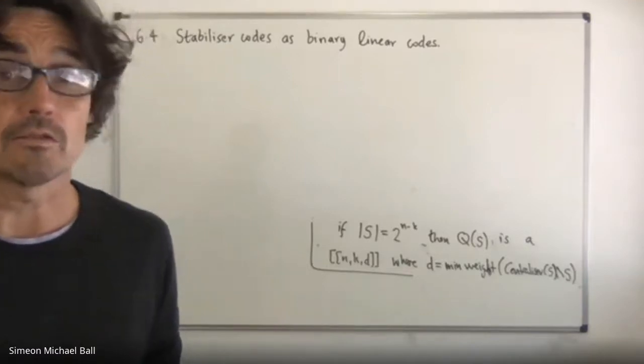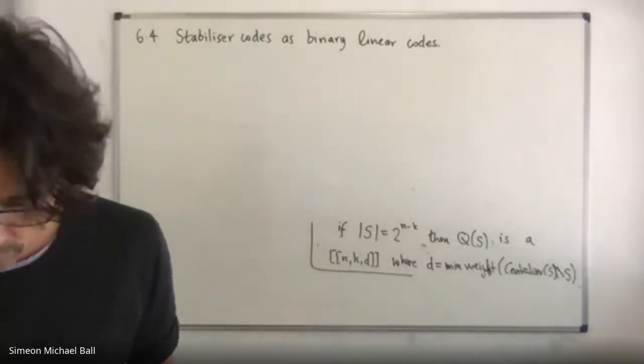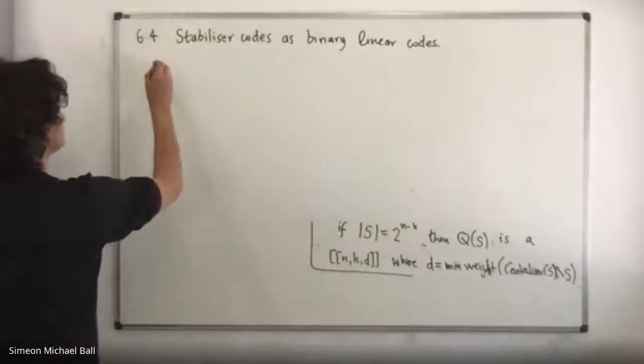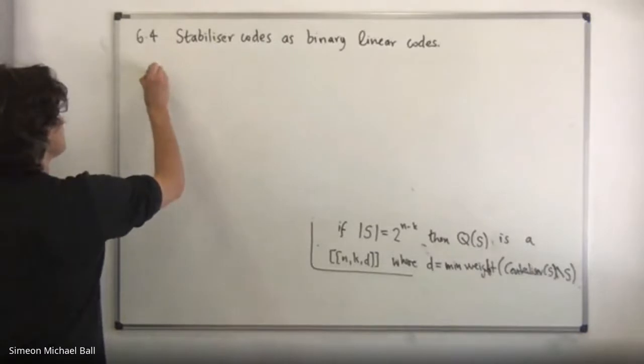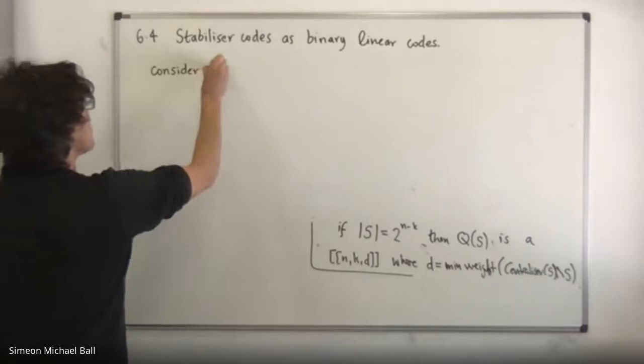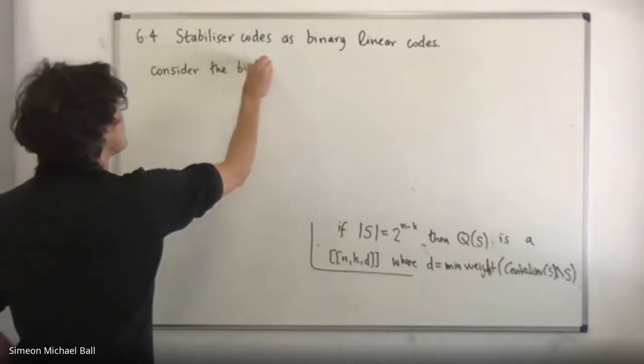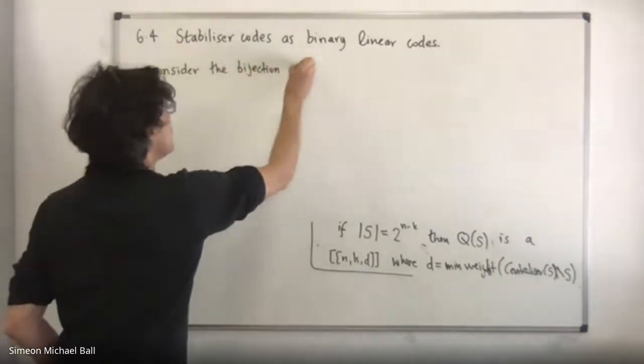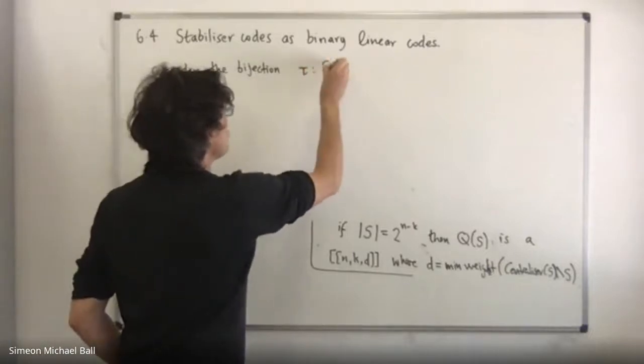so the vector space over the field with just two elements, which have a certain property. And to do this, we define a bijection. So consider the bijection tau. Now, the tau map is going to be very important.